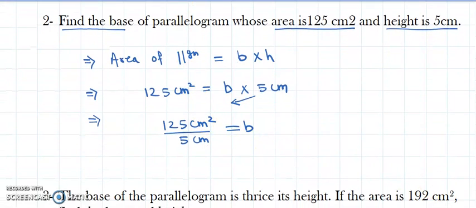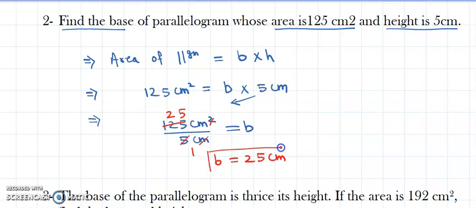So let us start cancelling. 5 ones are 5, 5 twos are 10, remaining is 2, 5 fives are 25. Hence we have obtained the value of base B is equal to 25 centimeter. That's the answer of the second type of question regarding the area of parallelogram.